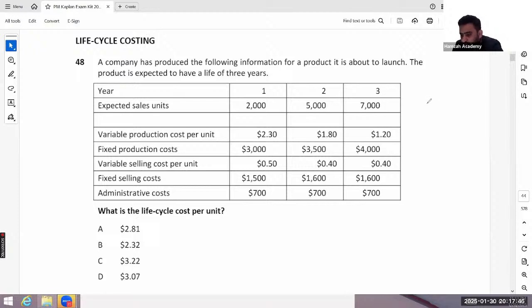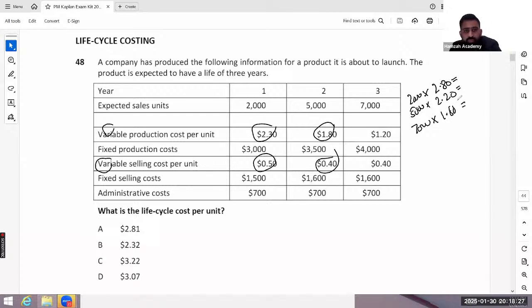Now, first of all, you need to calculate the total variable cost. For year 1, it will be 2,000 into 2.80, that is 2.3 plus 0.5. For year 2, it will be 5,000 into 2.20. And for the third year, it would be 7,000 into 1.60.